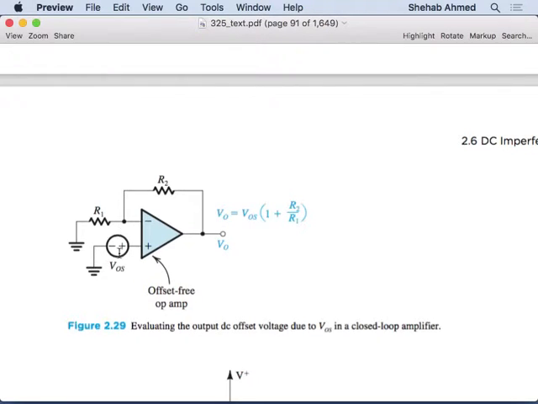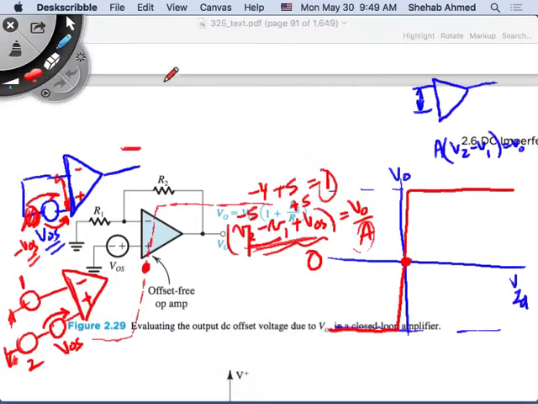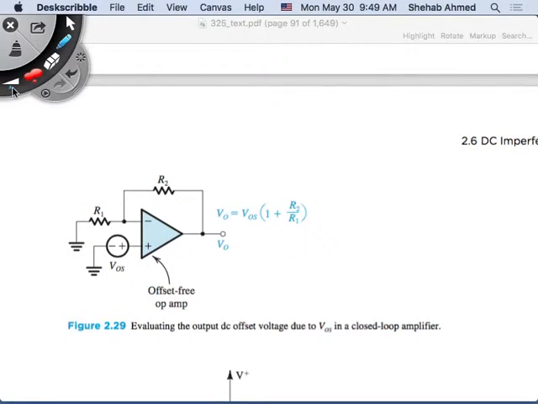Inside, of course, there's this offset voltage, right? Here they brought it outside to show you, but this is inside your op-amp, right? So you just ground the non-inverting terminal. You know that the gain for the non-inverting amplifier is 1 plus R2 over R1.